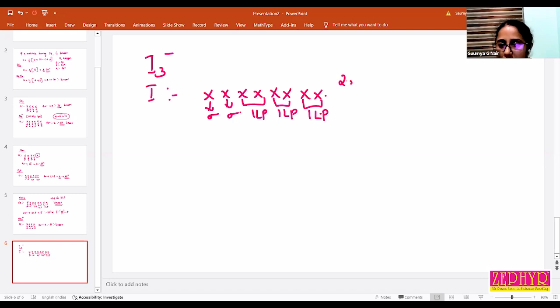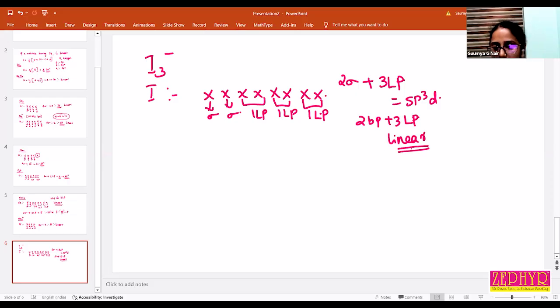Here also 2 sigma plus 3 lone pairs, sp3d, but ignore this. A molecule having 2 bond pairs and 3 lone pairs is linear.